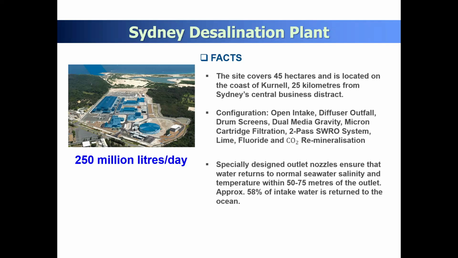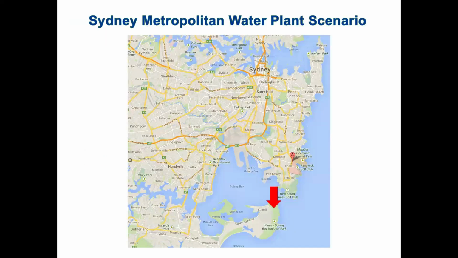At this moment, they can operate 250 million liters per day, but only 5% is operating now. It is then mixed with your dam water, and you are drinking it every day in this building in the city area. So this is the desalination plant location.